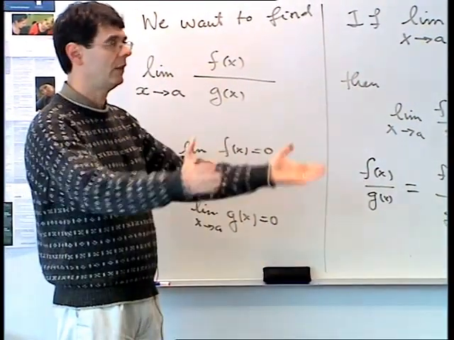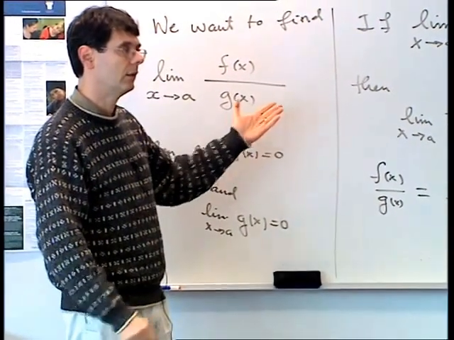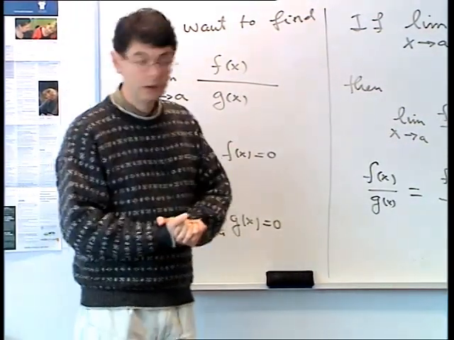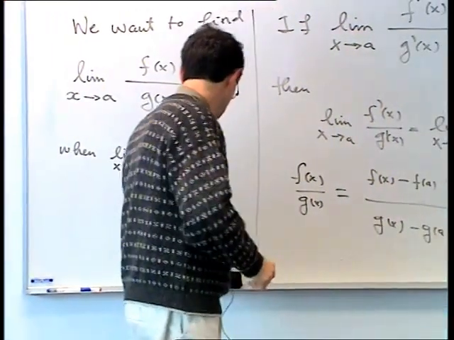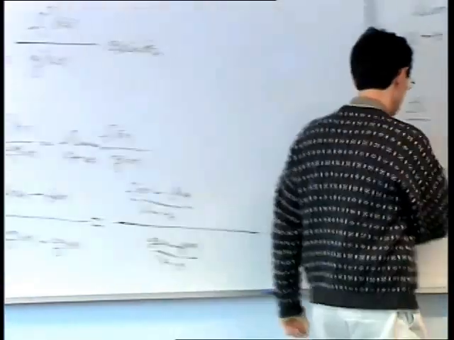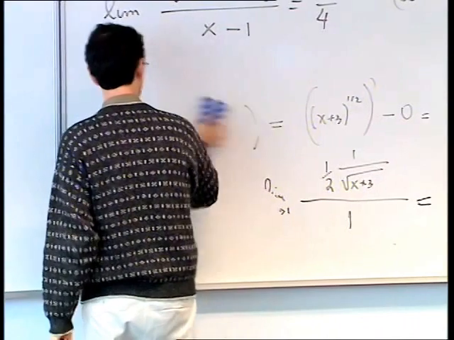So it works in a variety of situations, not only this one. And the key thing here is that it's useful. So let's see some more examples on how to use it.